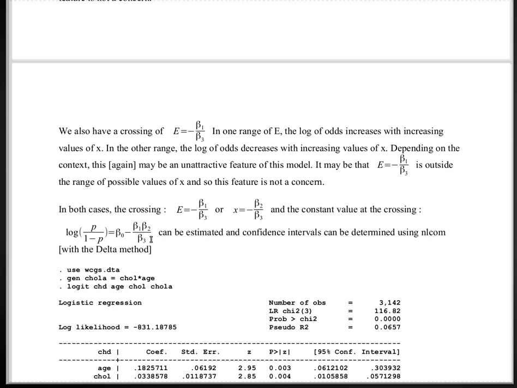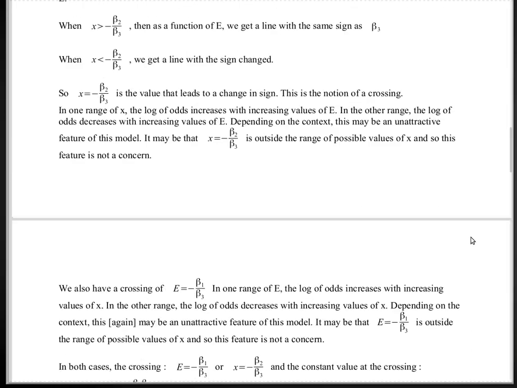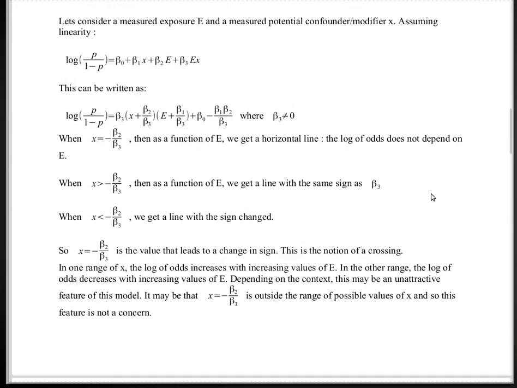One of the things that I didn't mention explicitly here is that all of this discussion of crossings implicitly involves the fact that beta 3 is not 0. We're in a much simpler circumstance of additivity if beta 3 is 0.